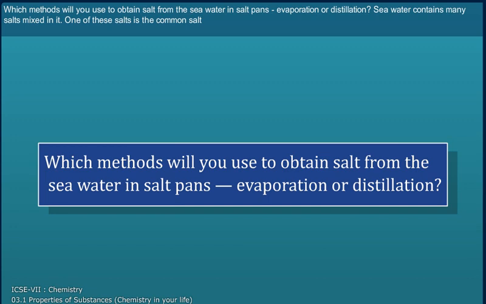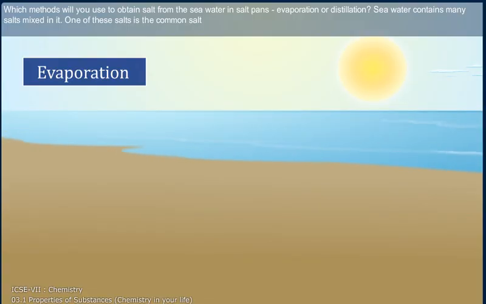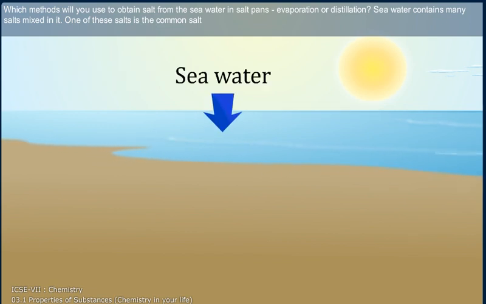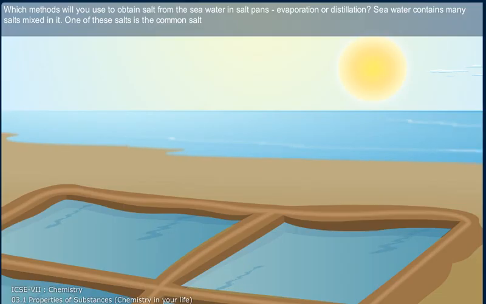Which method will you use to obtain salt from seawater in salt pans? Evaporation or distillation? Evaporation. Seawater contains many salts mixed in it. One of these salts is the common salt.